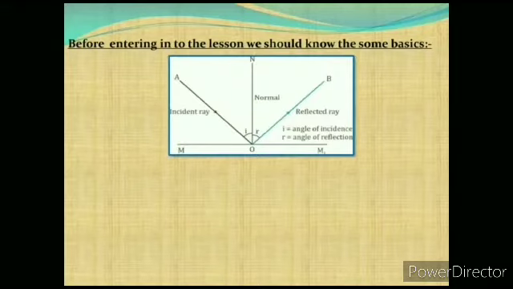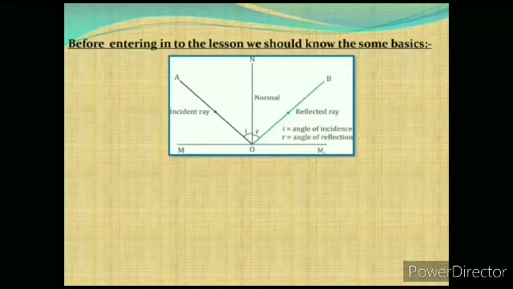Students, before entering into the lesson, we should know some basics. Observe the figure. In this figure, you are observing M1. M1 is a surface which reflects the light ray. AO is an incident ray which falls on the surface, and OB is a light ray which is reflected from the surface.